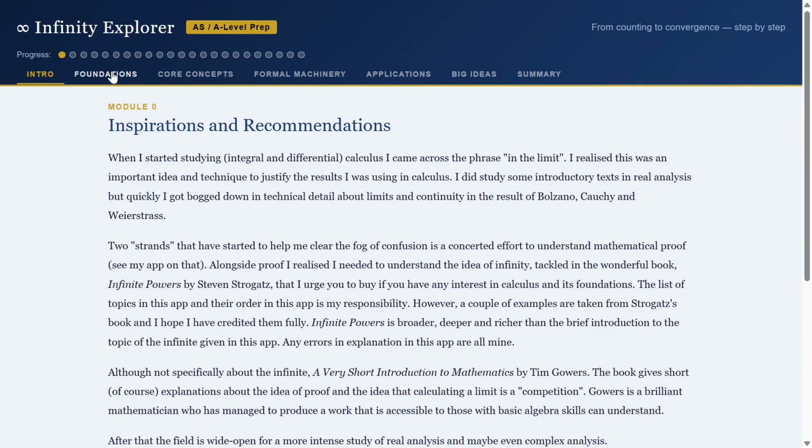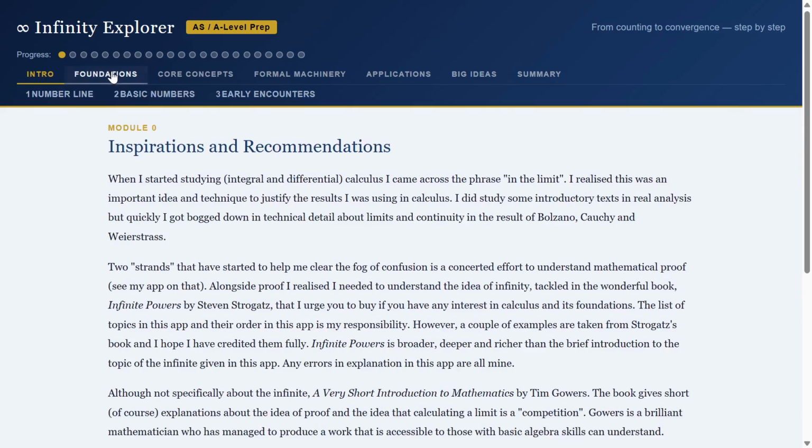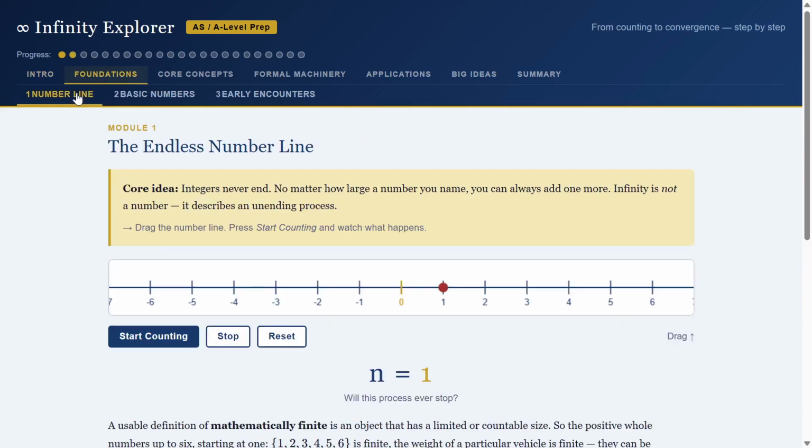This first video will talk about the foundational ideas and how we first come across the idea and the word infinity. Our first encounter is almost always the idea of the number line, where we have integers or counting numbers.